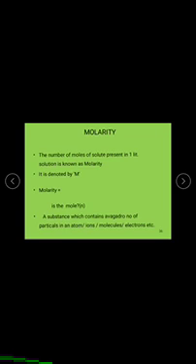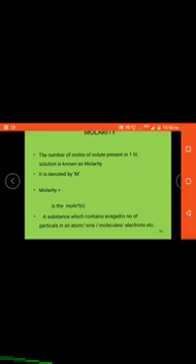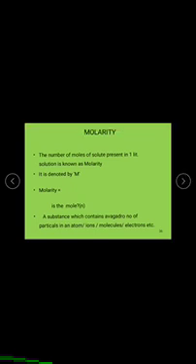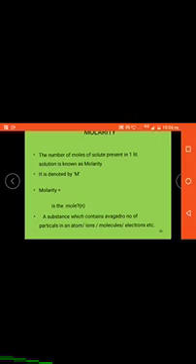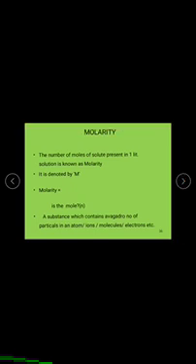A mole is the amount of substance containing Avogadro number of particles, whether atoms, ions or molecules. Okay, then molarity is equal to the number of moles of solute divided by the volume of the solution in liters.